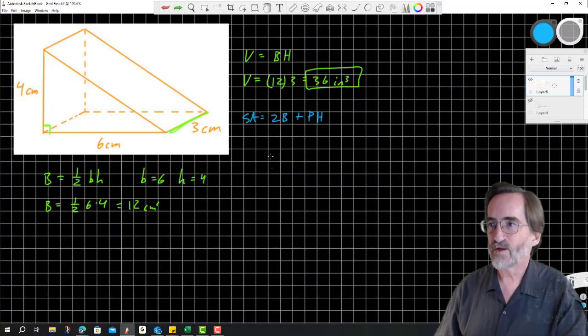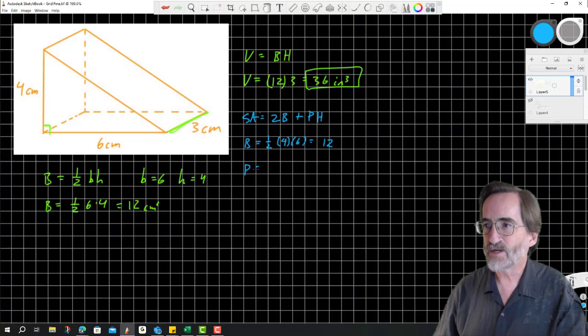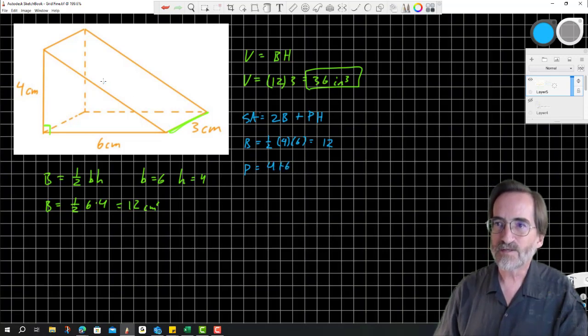Let's fill in what we know. The base is just 1/2 times 4 times 6, which we've already determined is 12. The perimeter is a little tougher. It's 4 plus 6 plus this length right here that we'll call x.